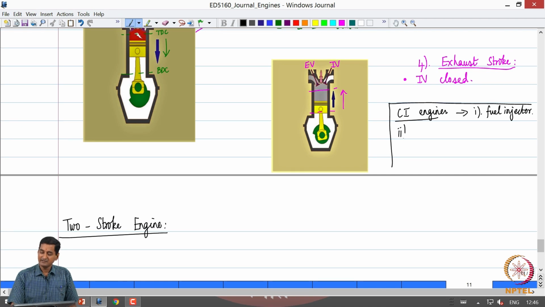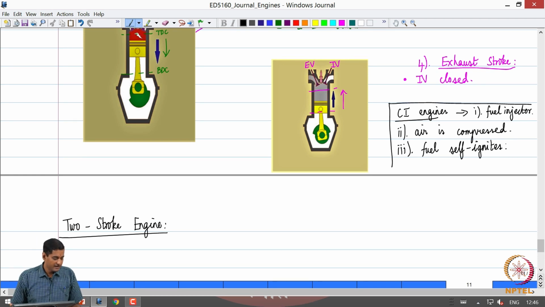The second main difference is that only air is compressed, not a fuel air mixture, and the fuel which is injected towards the end of the compression stroke self ignites. That is another important aspect in a compression ignition engine.